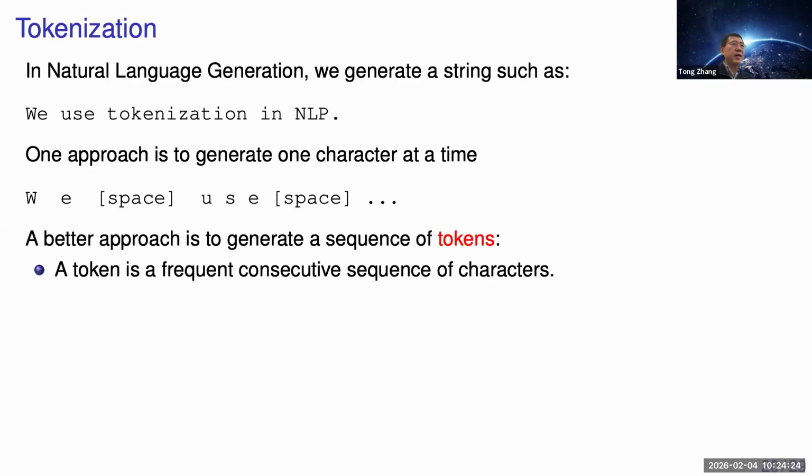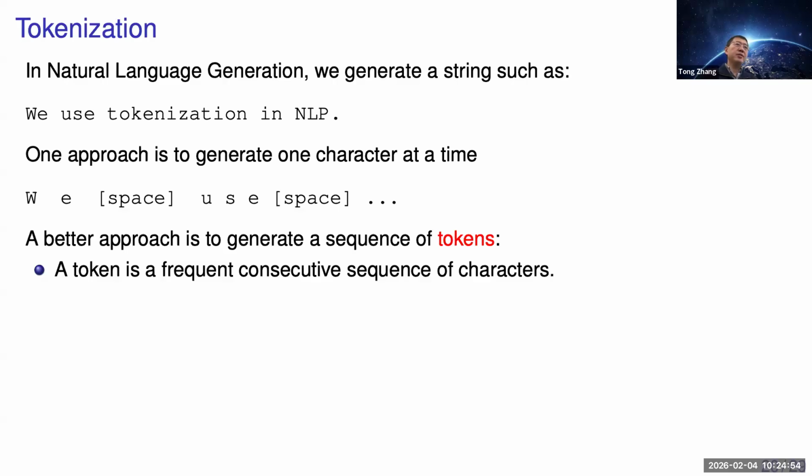The problem is that it's just too slow. People don't do that nowadays. If you look at large language models, they don't generate one character at a time. They generate a sequence of tokens. Basically, a token is a very frequently occurring consecutive sequence of characters. It doesn't have to have a semantic meaning, but hopefully it carries some structure correlated with semantic meaning.